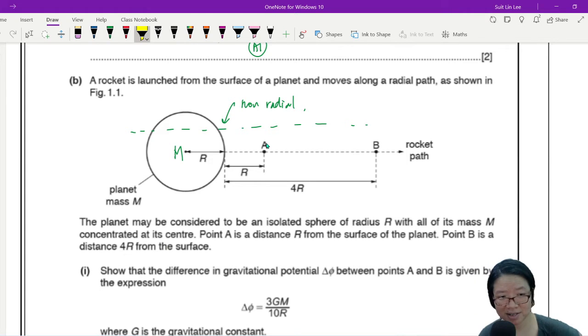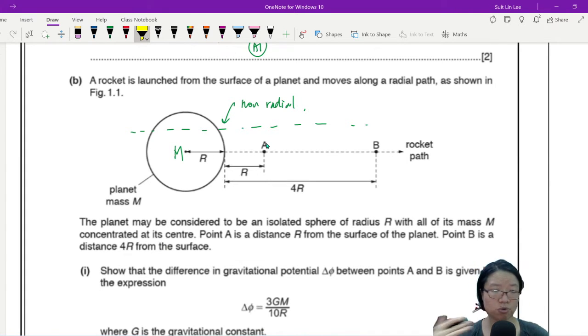Because if they didn't draw, and just gave you these statements, you may have forgotten that this r is from the surface, and this is from the surface. Meaning later when we find distance, let's hope that everyone remembers to add this r into all our values, because A is actually 2r and B is actually a distance 5r.